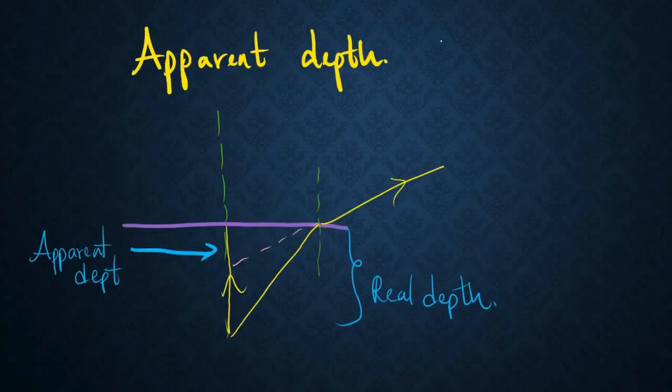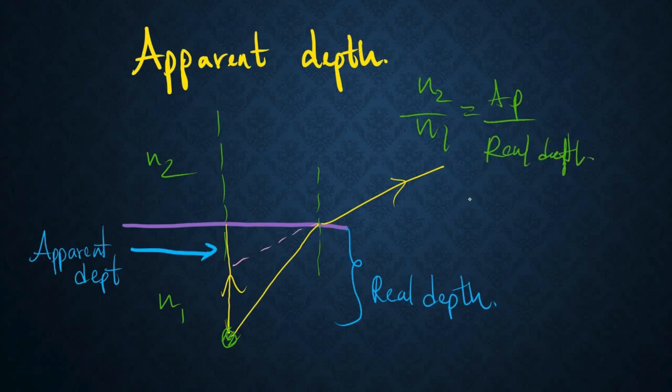Apparent depth, real depth equation. Here we have the object in the first medium, and this is the second medium. So our normal equation is n2 over n1 equals apparent depth over real depth. Now there's another equation.